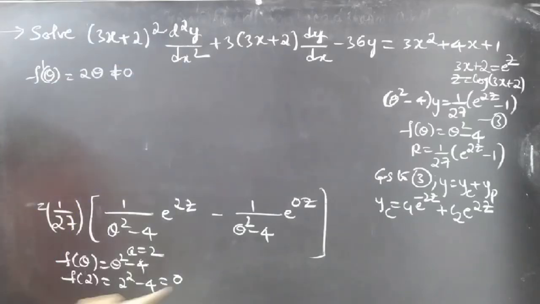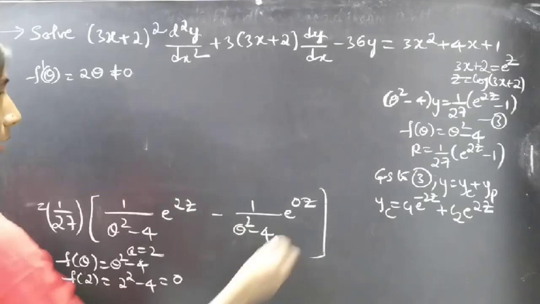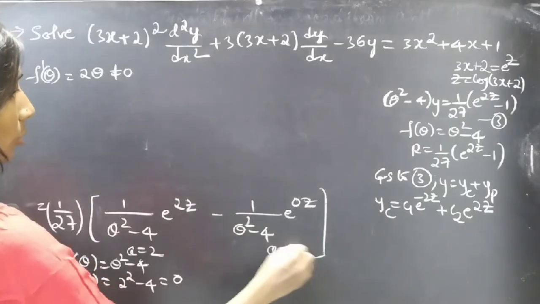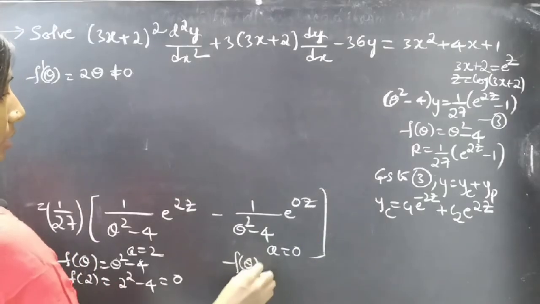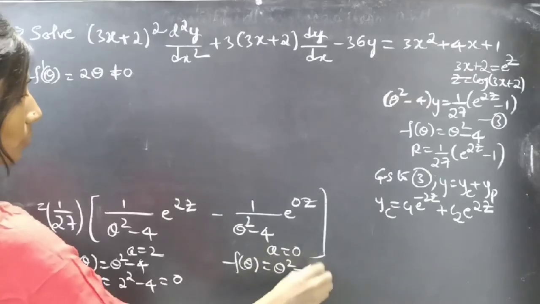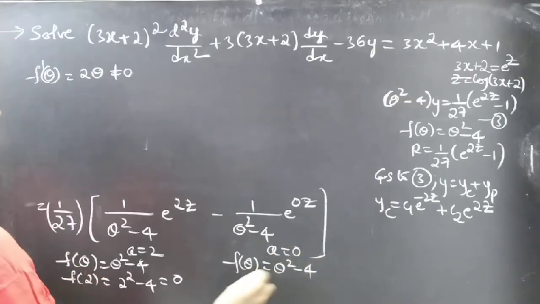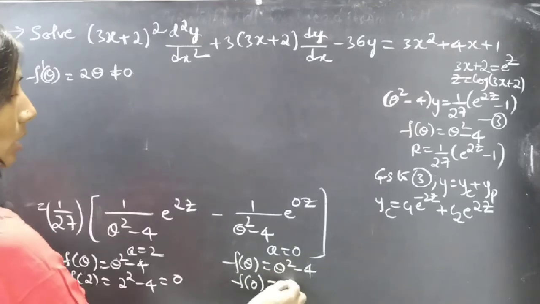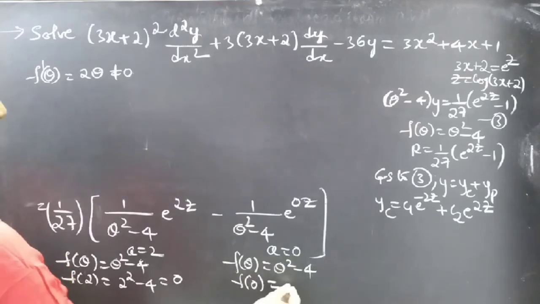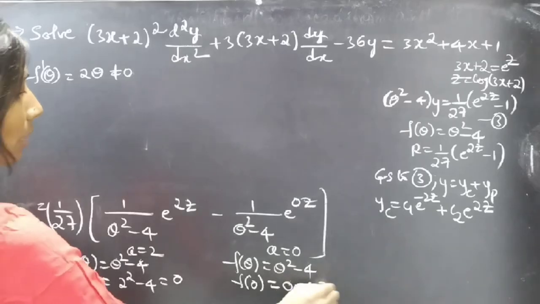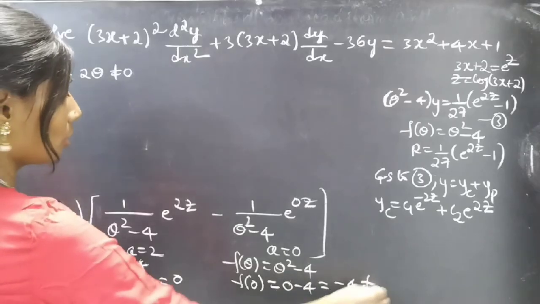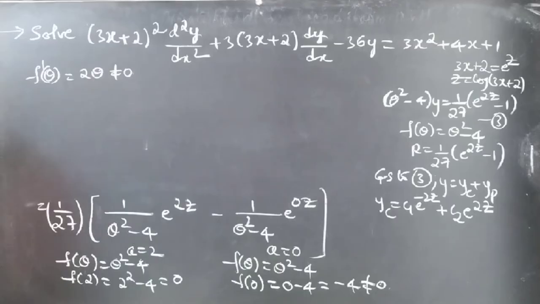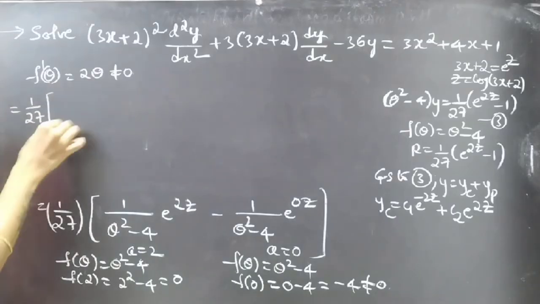Now coming to the second term, here we have a equal to 0. f of theta is theta square minus 4. If you replace theta by 0, we'll get f of 0, which is 0 minus 4, which is minus 4, non-zero.